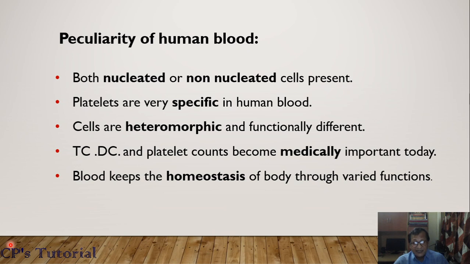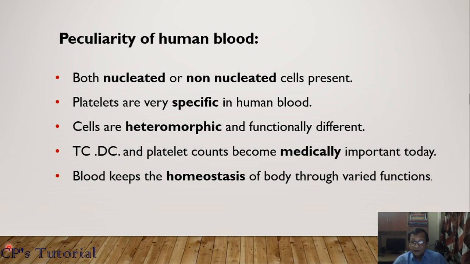Again, the cells are medically very important today because counting of the TC, that is the total count of the blood cells, hemoglobin, erythrocytes, and leukocytes, differential counts of the leukocytes, ESR, platelet counts, everything is usable in the determination of pathogenicity of the human body.